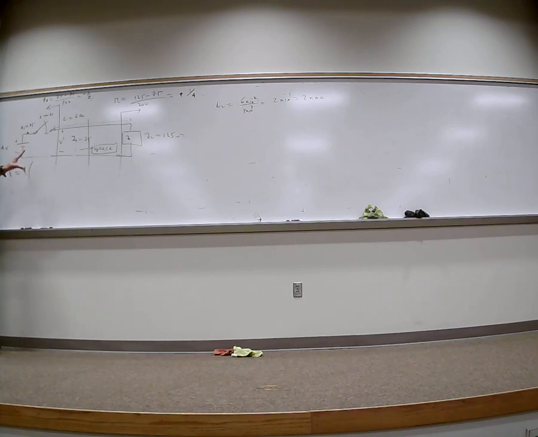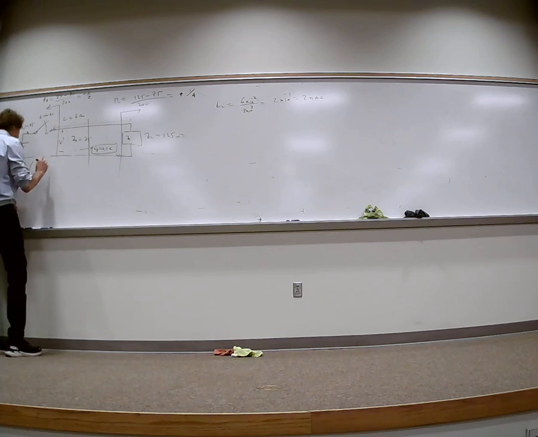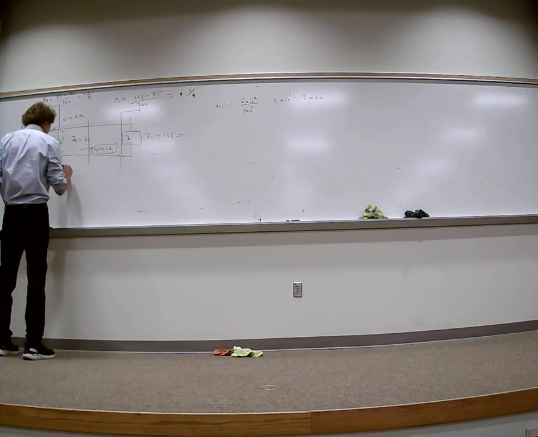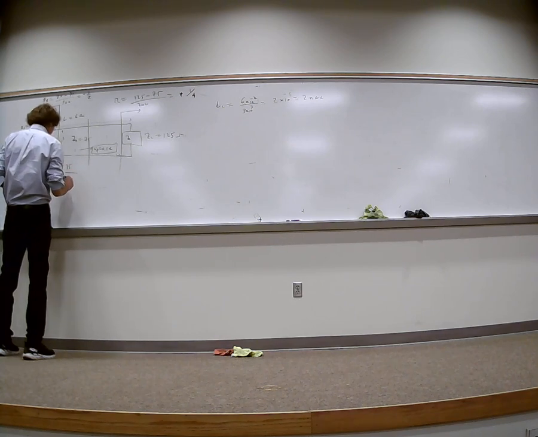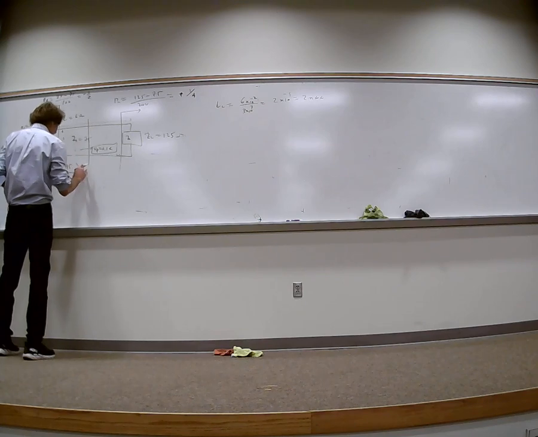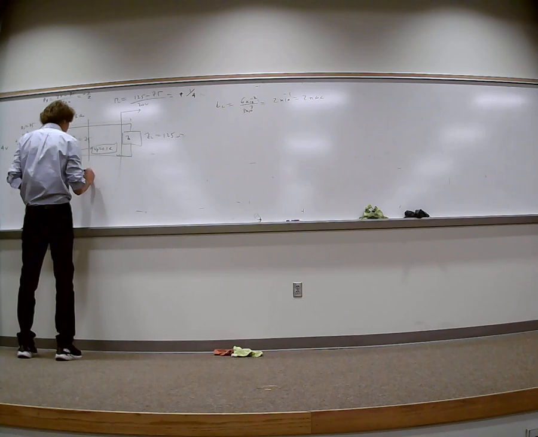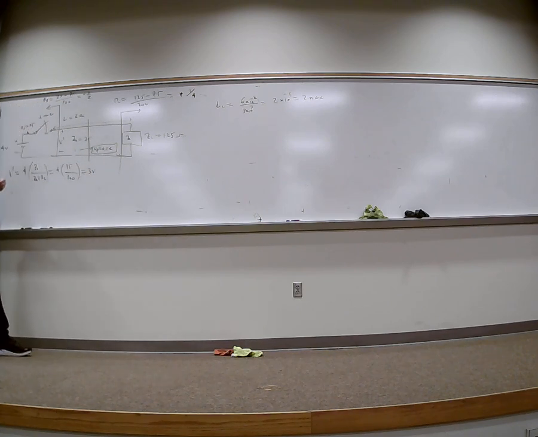Simple voltage division: Z naught over Z naught plus RS. So that's 4 times 75 over 75 plus 25, which is 100. That's really 3/4 times 4, or 3 volts.